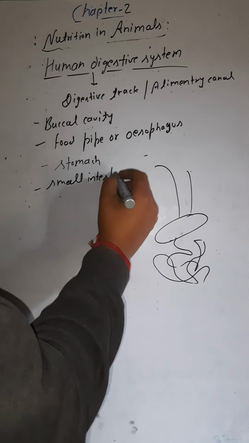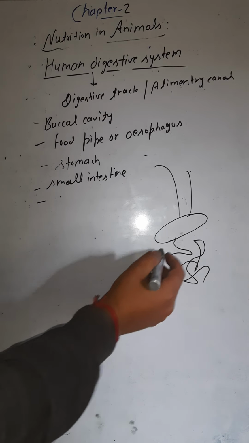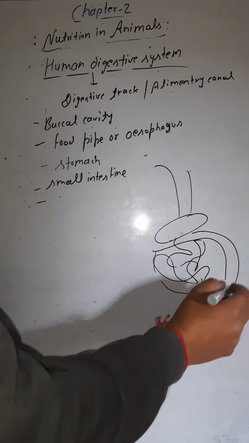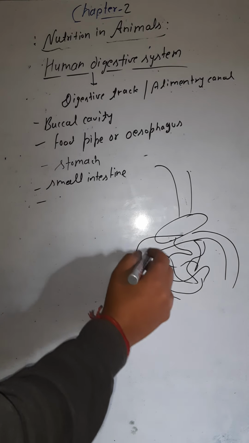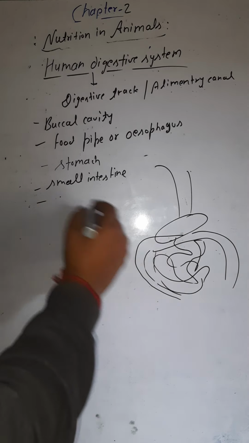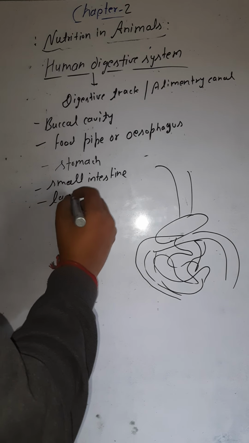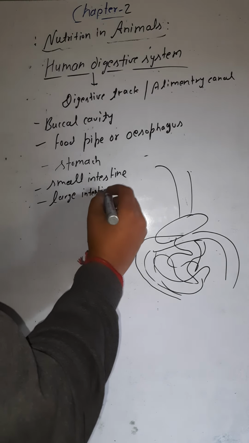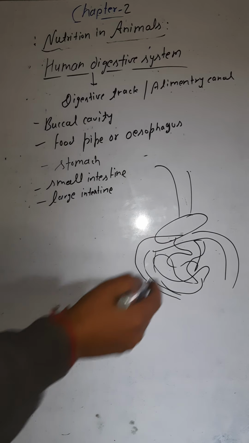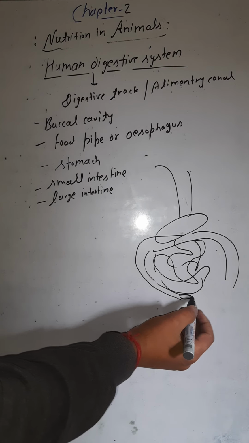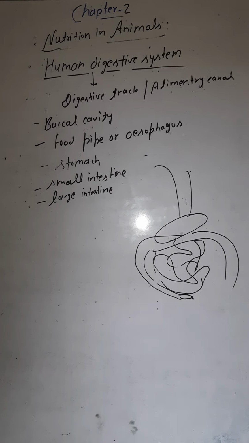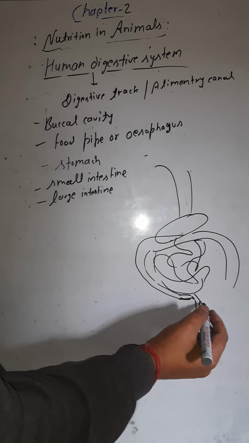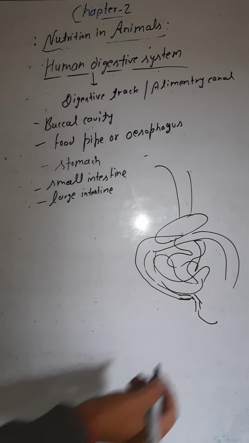Then from the small intestine it moves into the large intestine. Here you have the large intestine. Okay, and this large intestine ends in the rectum. Here is the rectum. From the rectum, through the anus, the undigested food comes out.